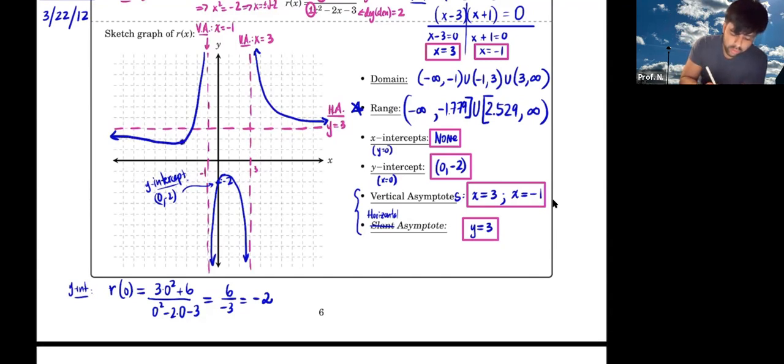This is the smallest, and this is the maximum of that curve. And so that's how we get our range, because of this kind of setup. And of course, the best way to graph such a function is to use a graphing calculator. So your graphing calculator will be a great asset for these things.